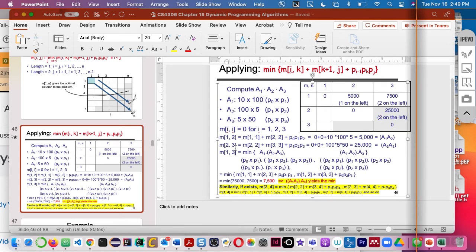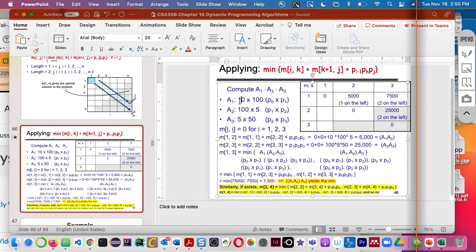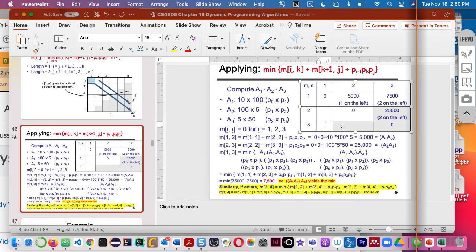And the other way, for instance, we cannot multiply A2 by A1. Can we multiply A2 by A1? No. So this value we don't need to fill up.